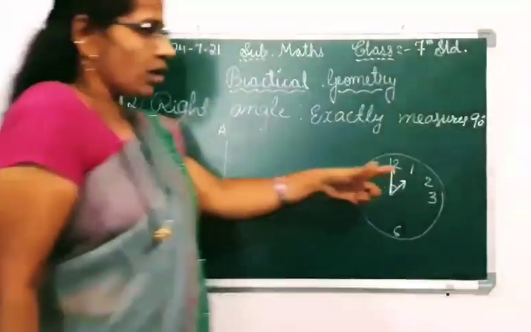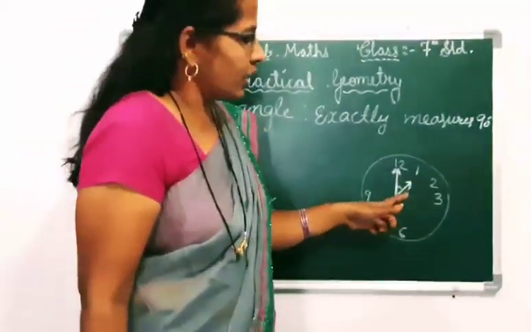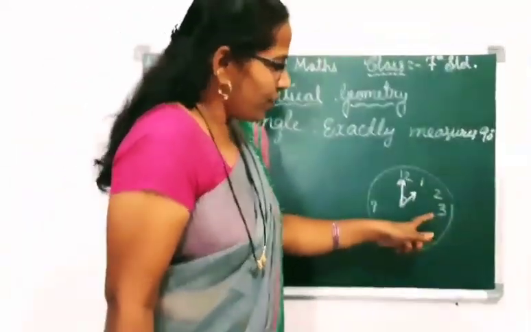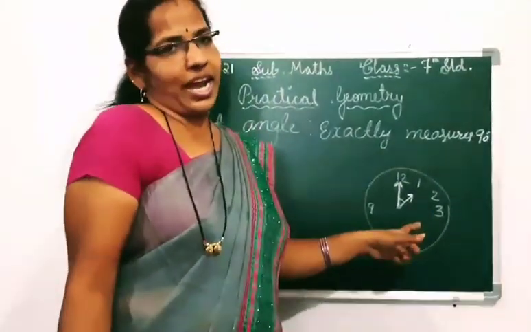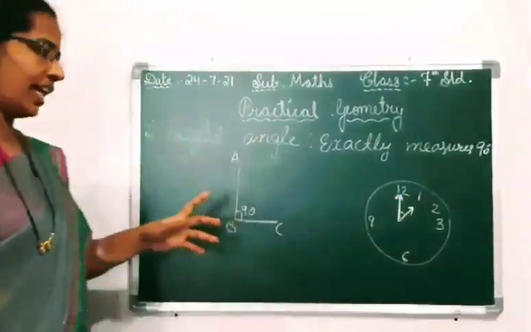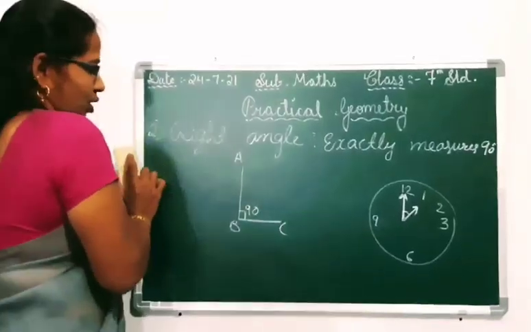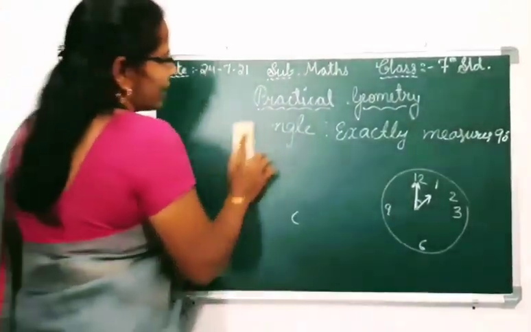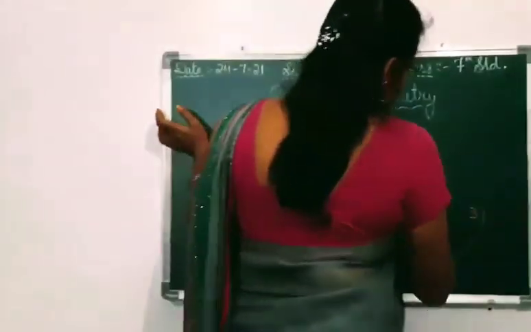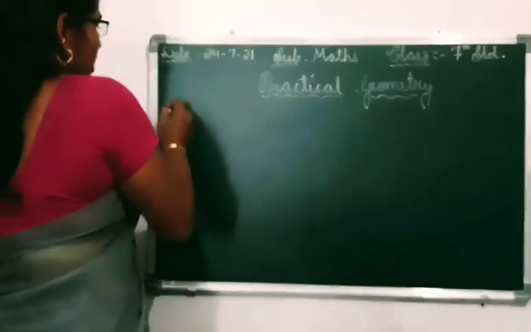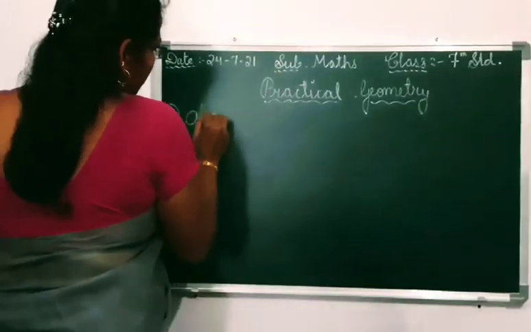If 2 o'clock, that also shows an acute angle. But if it is 3 o'clock, you can easily identify it is a right angle. What is the meaning of a right angle? A right angle exactly measures 90 degree. The next, third one is an obtuse angle.